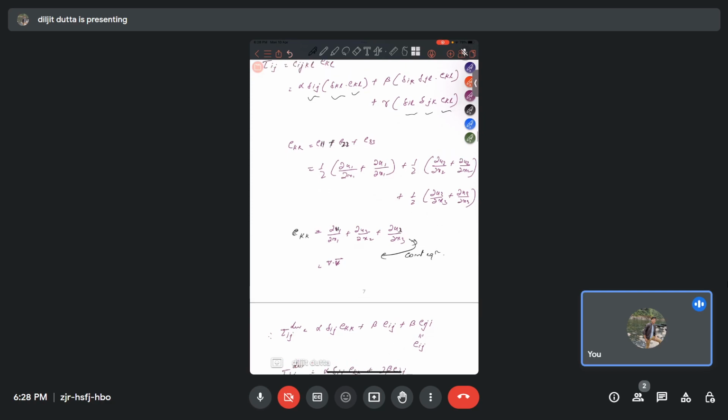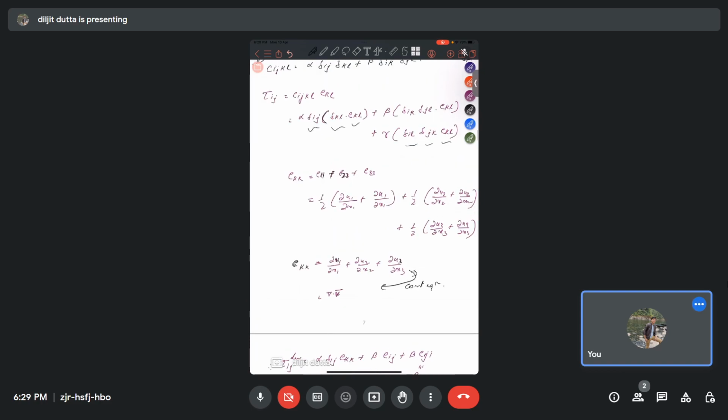Okay, now what we have seen is that if we combine these terms, like when taking multiplication delta KL into epsilon KL, similarly, that's the product of these three terms also.